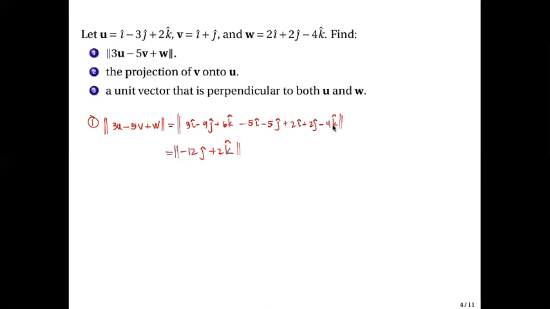And therefore, the magnitude will just be the square root of negative 12 squared plus 2 squared. This is the square root of 144 plus 4, and you can write the final answer as the square root of 148. Okay.